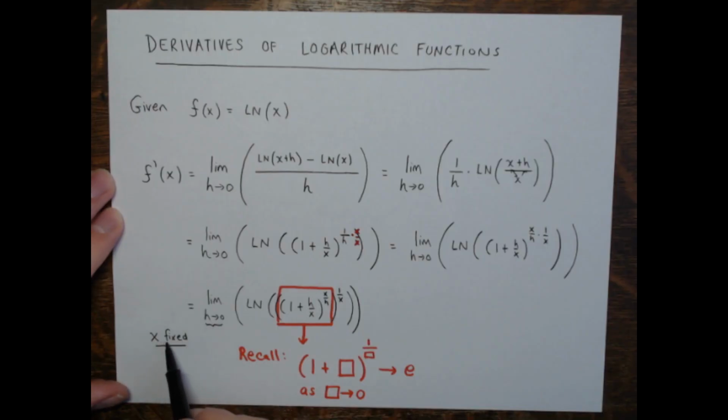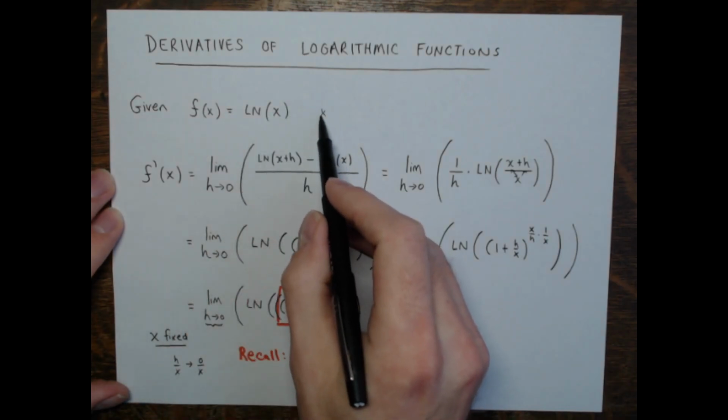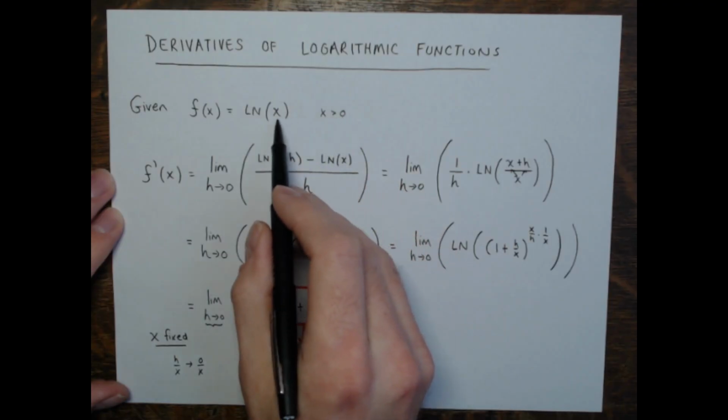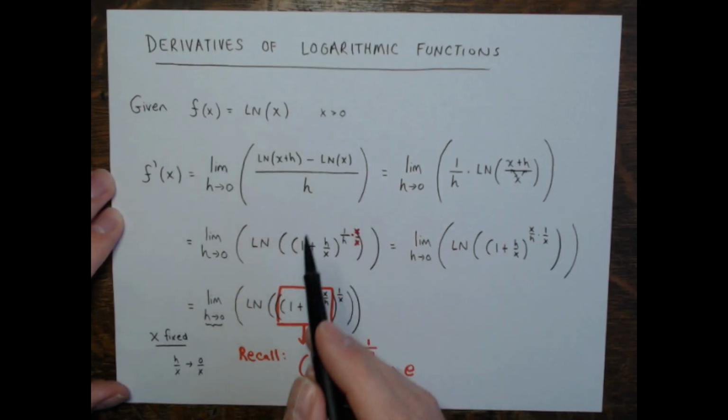So if x is a fixed number and h gets closer and closer to 0, h divided by x would get closer to 0 divided by x. And again, x is some positive number here, right? We're talking about log of x, so x has got to be positive.